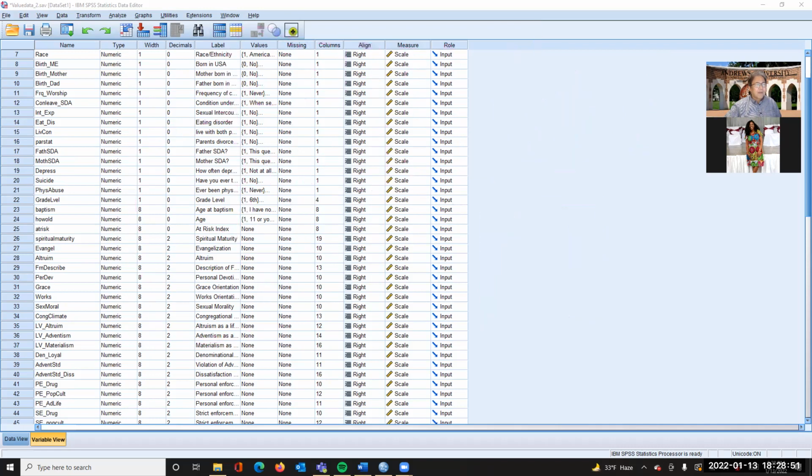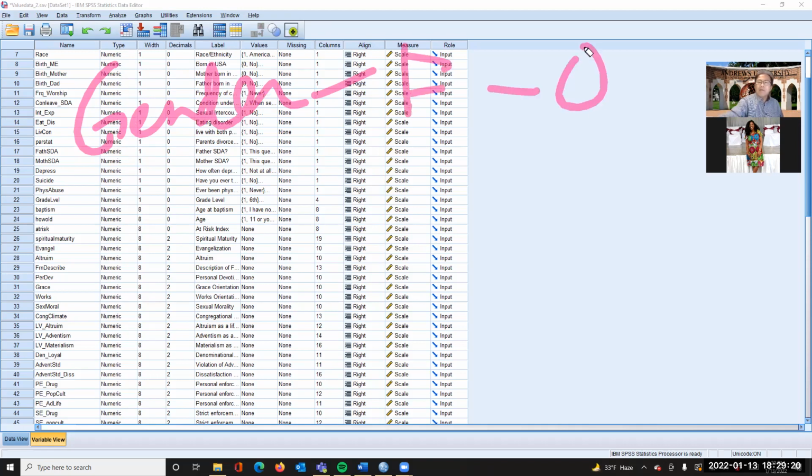Okay, so let's look at research scenarios where you might look at this. Let's say that you have several variables, and let's say you just want to look at gender differences, where female is 0 and male is 1.